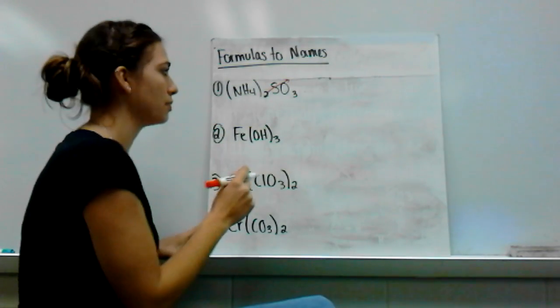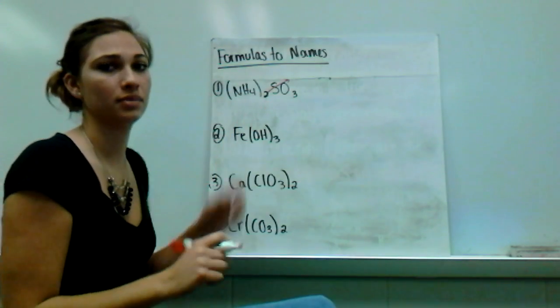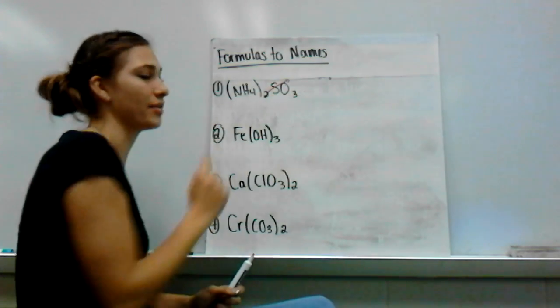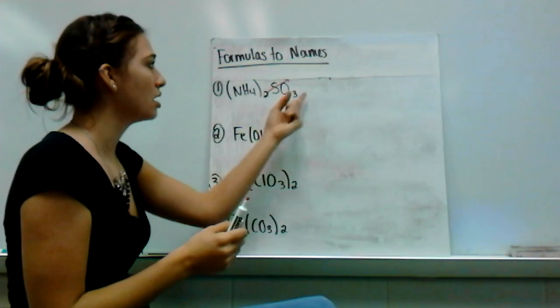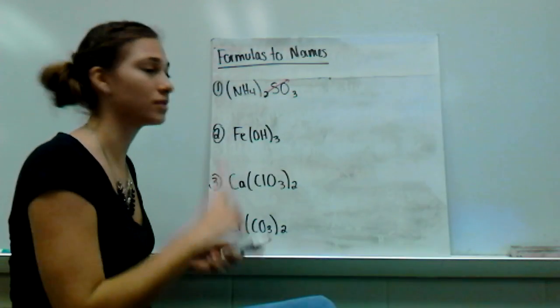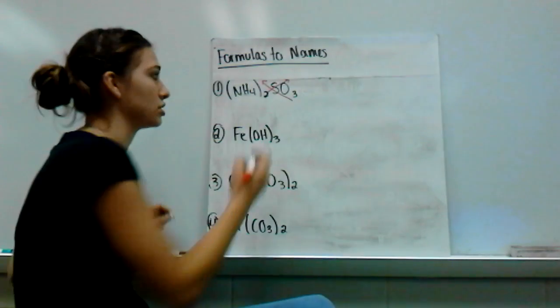So here's where the tricky part comes in. You might be tempted to crisscross this 3 back up. What you have to know is that that 3 is part of your polyatomic ion. Okay, so the subscript for the SO3, that's a subscript of 1. So when we crisscross it back up, it's just 1.